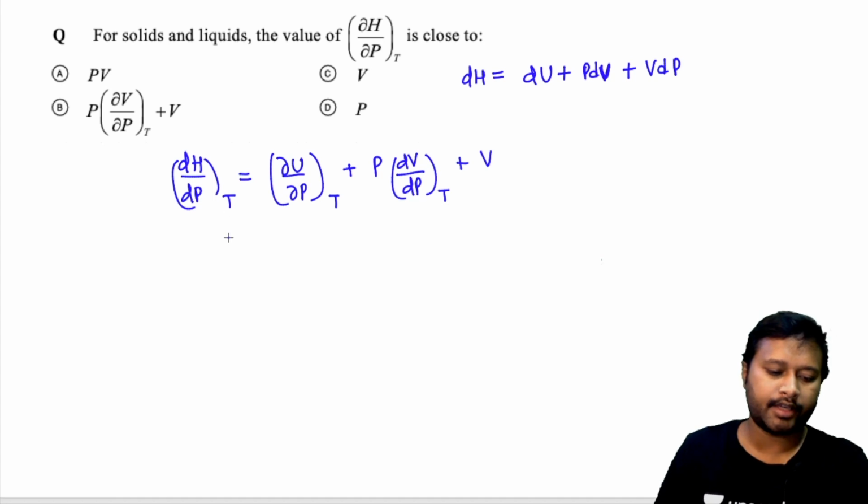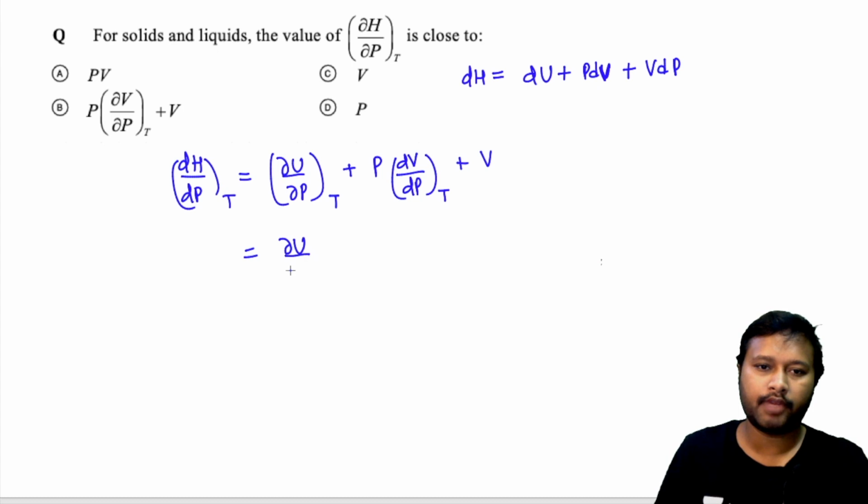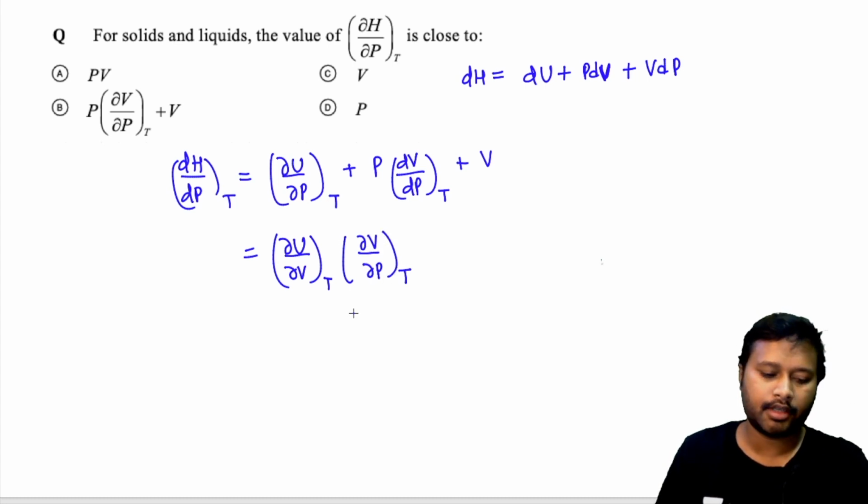Now I can just write this particular thing like del U by del V at constant T multiplied by del V by del P at constant T. Why? Because I have multiplied and divided by dV. Plus I will get P dV by dP at constant T plus V. This is what I have got.